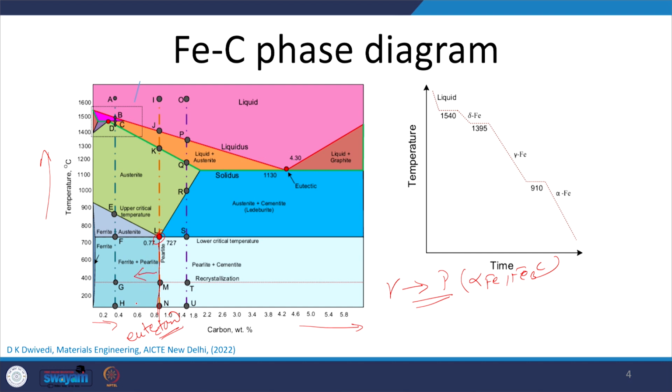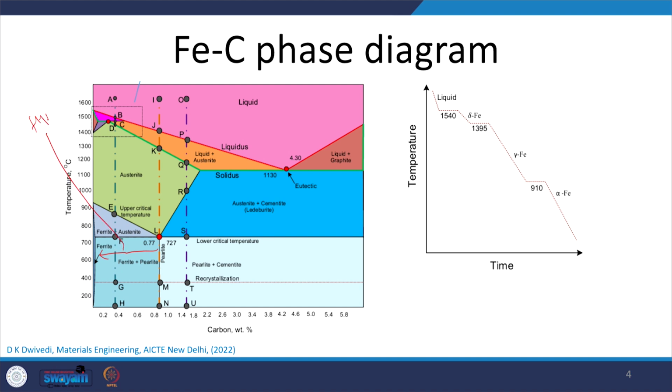Let us first understand the range of the carbon content theoretically in the steel. Up to here is the theoretical range of carbon for carbon steel, but usually we do not have carbon content greater than 1%.